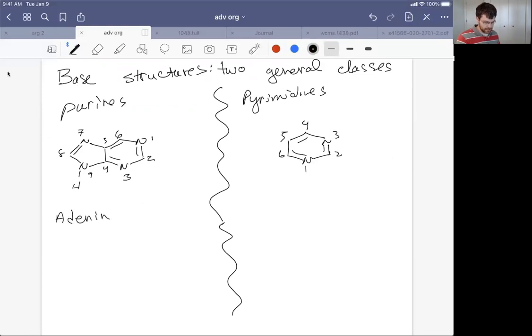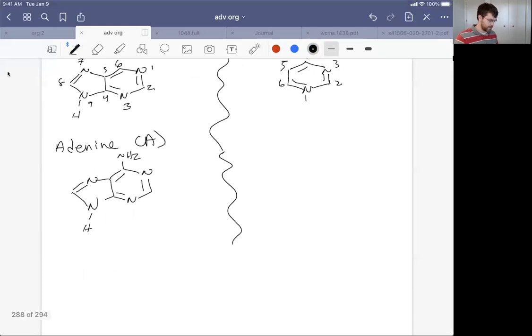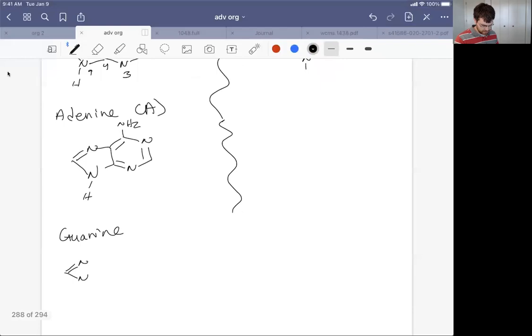We have adenine, which is A. Adenine is a purine that has a nitrogen group in the 6th position, just hanging off the ring, NH2. All right. So there's adenine, or A. And then guanine, it's a little bit different. I'm going to put a carbonyl in the 6th position. The imidazole in both cases is the same.